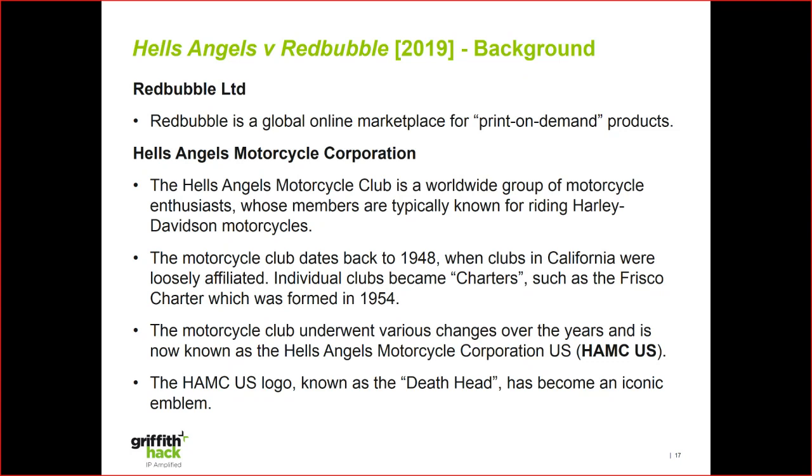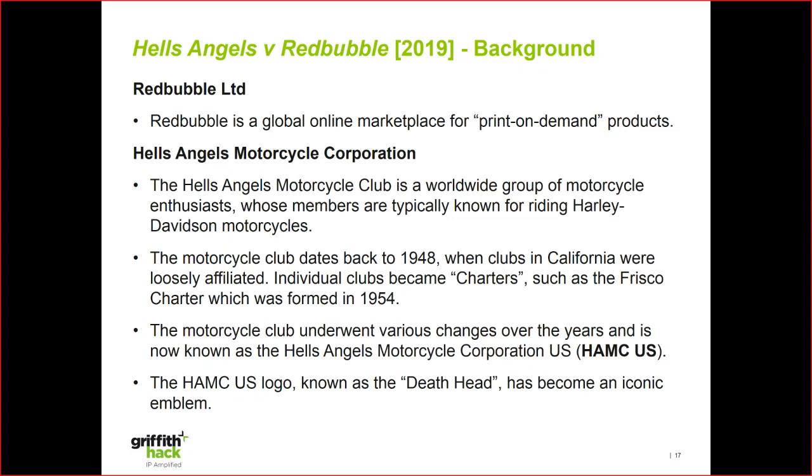So, background in relation to the Hells Angels Motorcycle Club: Justice Greenwood described them as a group of motorcycle enthusiasts riding around on their Harley-Davidson motorcycles. The history of that club is that it was set up in San Francisco, and what they originally had was charters. That was back in 1948, and there were quite a lot in California.